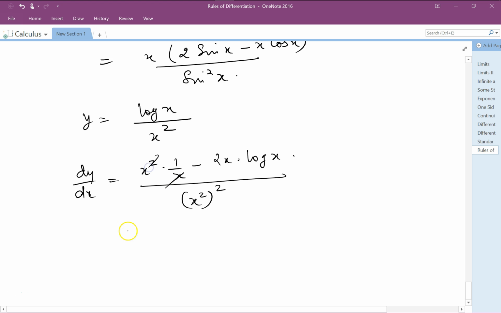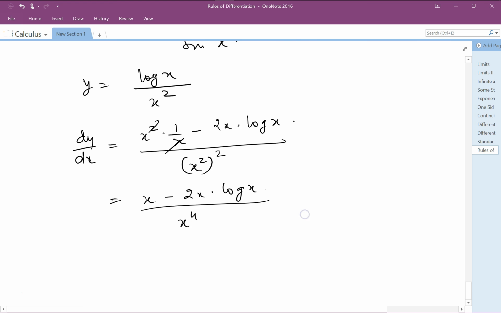So here this disappears, so we are left with x minus 2x log x by x to the power of 4. You can take it one step further.